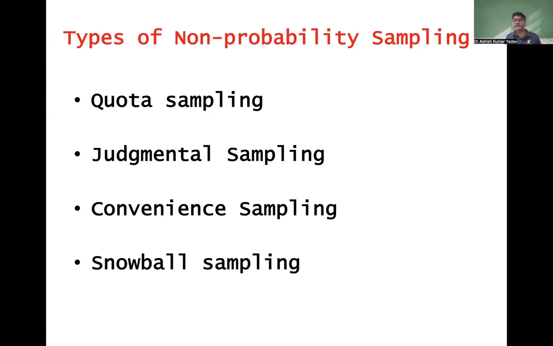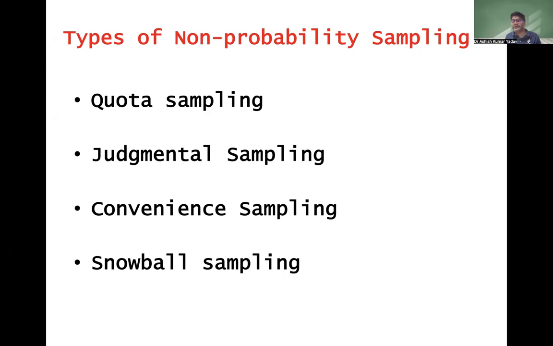So based on convenience, the PI or the researcher might say that, okay, you can take the samples from our hospital in which he or she is practicing. Based on convenience, the students may choose the sample.